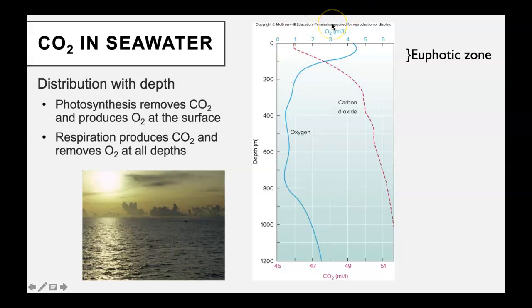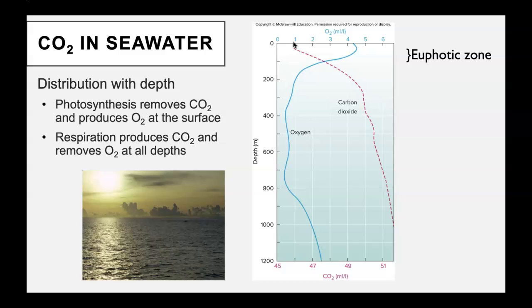So photosynthesis is going to remove carbon dioxide from seawater in the top part of our ocean. Then as respiration continues throughout the water column, carbon dioxide is going to increase. Just in the top bit, it will decrease.